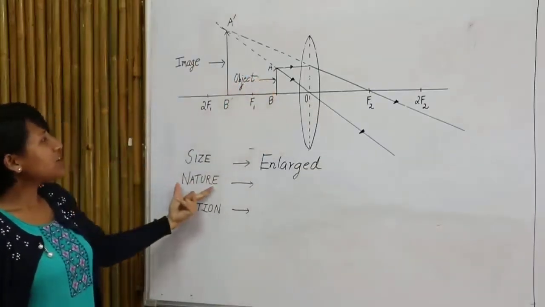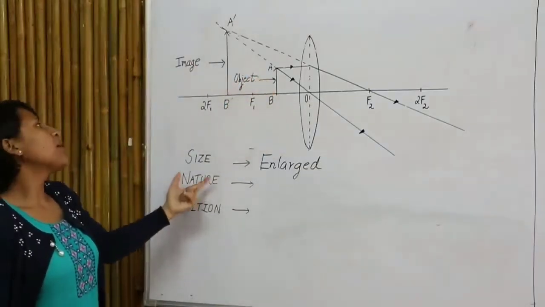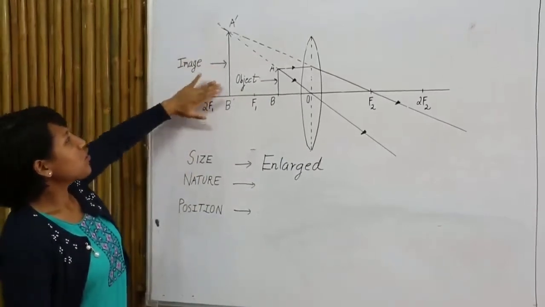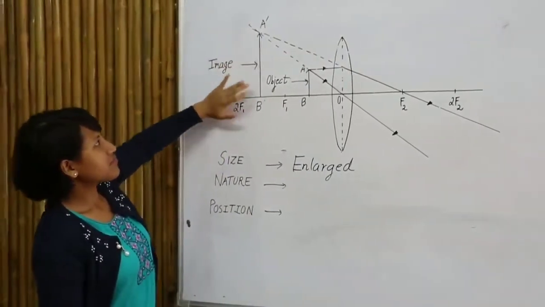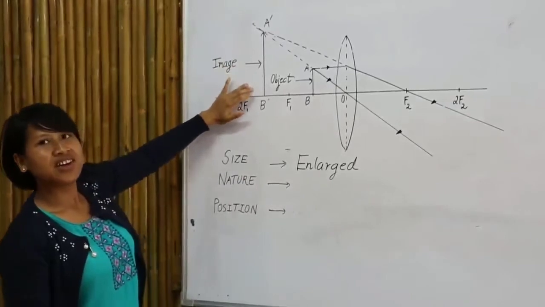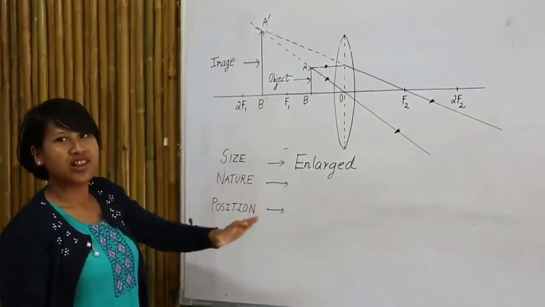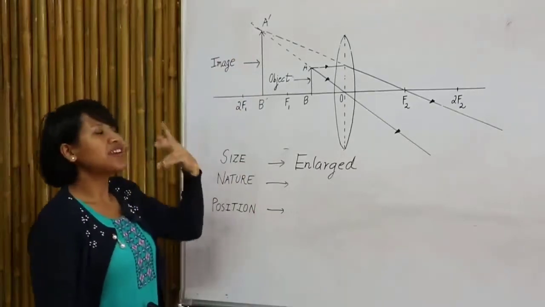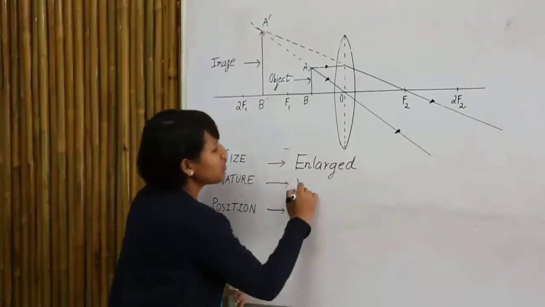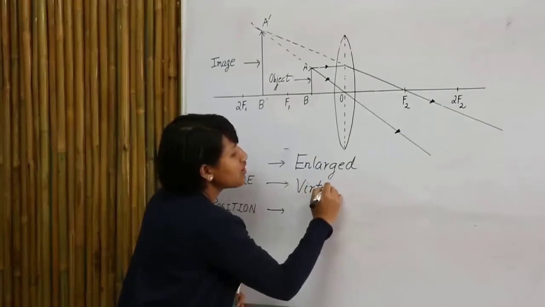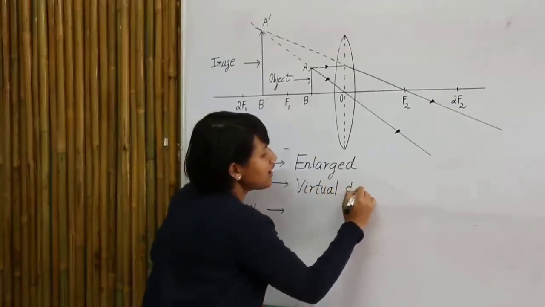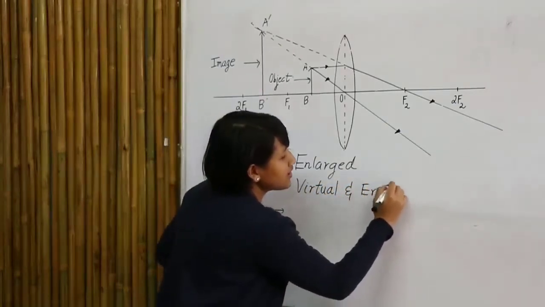Now what about the nature of the image? You observe that the image is erect and also virtual. So the nature of the image is virtual and erect.